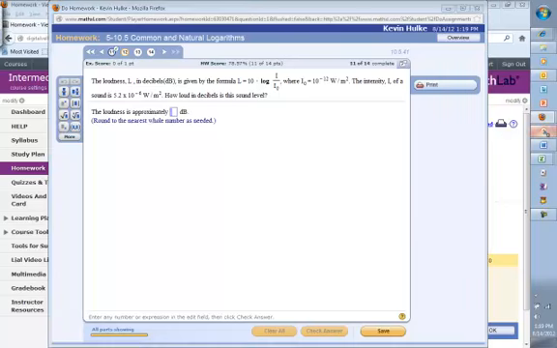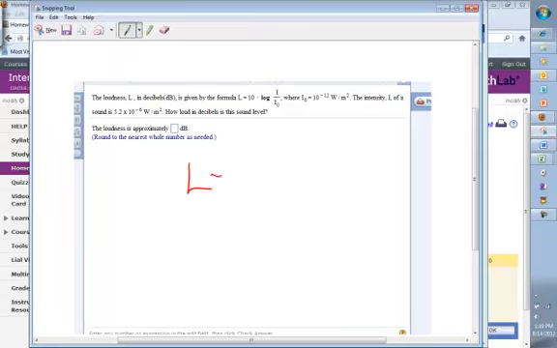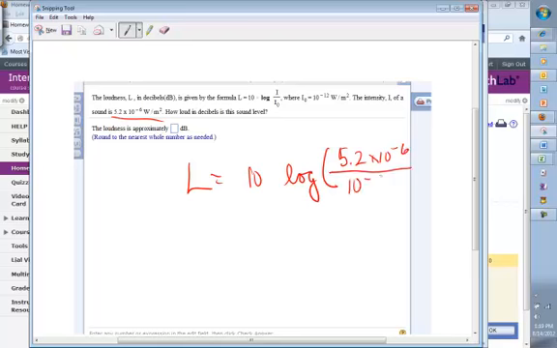How loud is this music in decibels? So we would take loudness is 10 times log, and then in parentheses, this number right here, 5.2 times 10 to the negative 6th over 10 to the negative 12th.